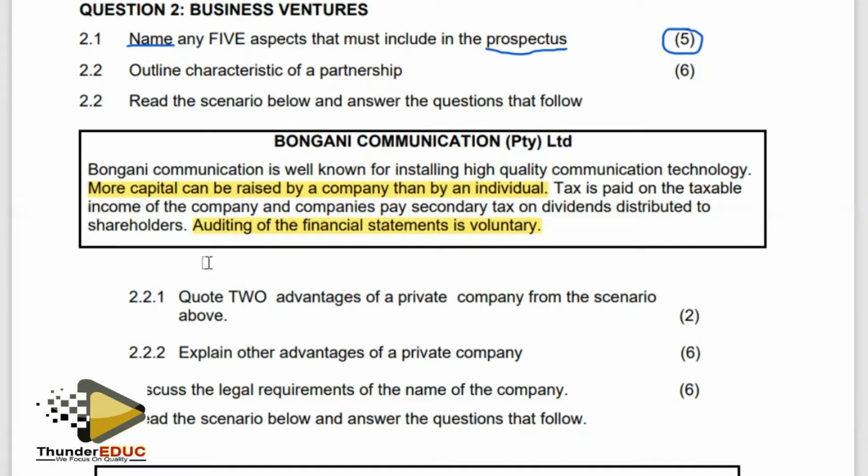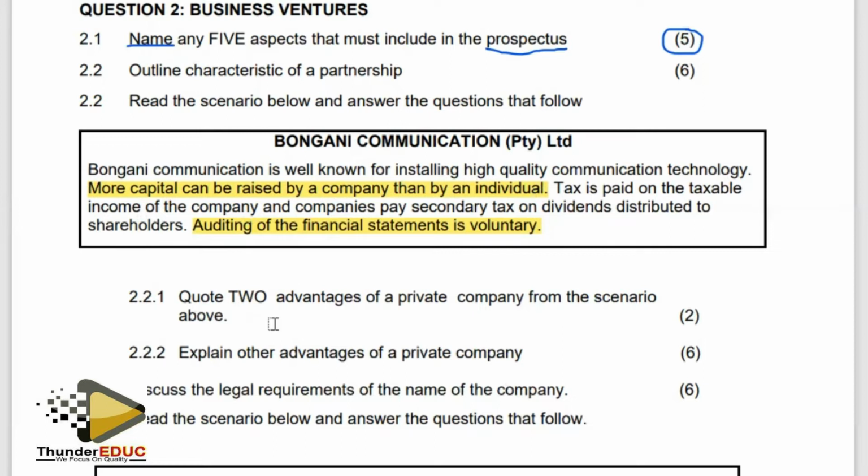It is very important also to understand the requirement of the question. When we say quote advantage, we are supposed to write a full sentence that has the answer that we need. More capital can be raised by a company, and this is what is needed.